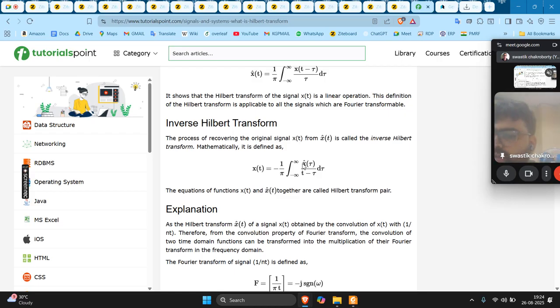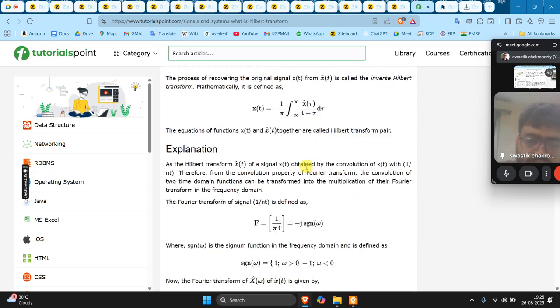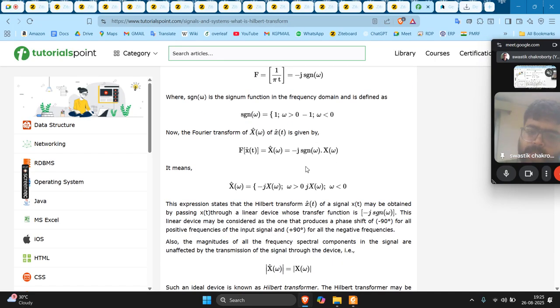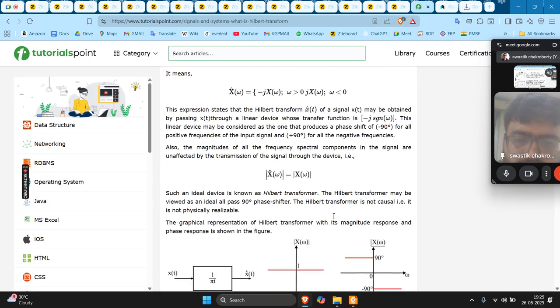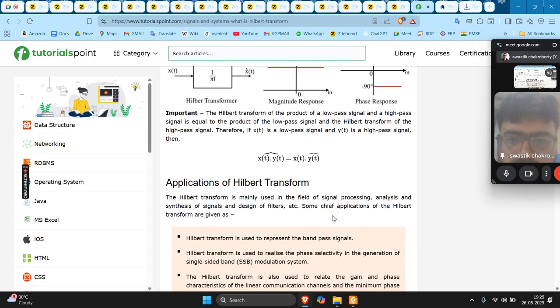So it extends throughout time. The existence of the signal at negative time denotes that it is not a causal signal, so we will not get any physical realization. Such an ideal device is known as the Hilbert transformer.